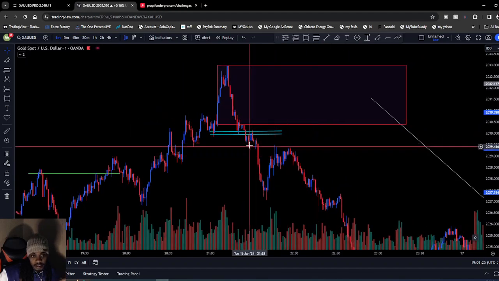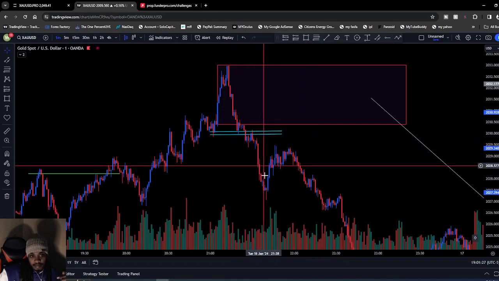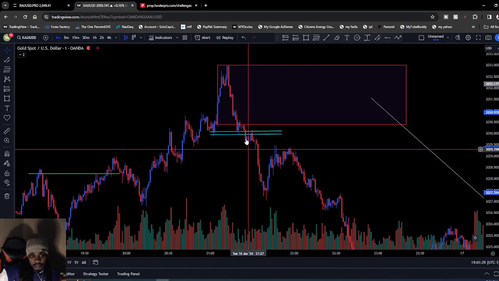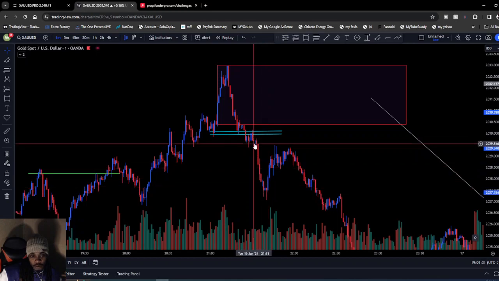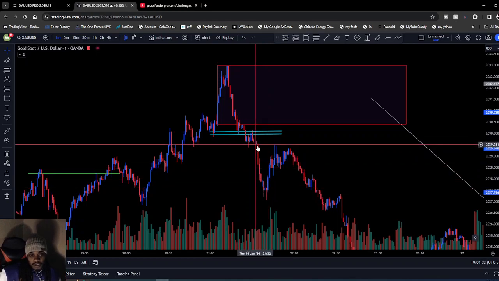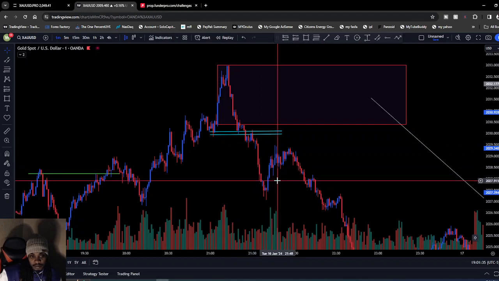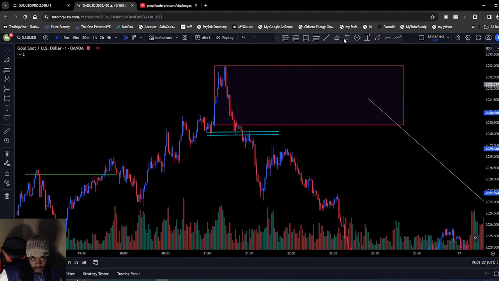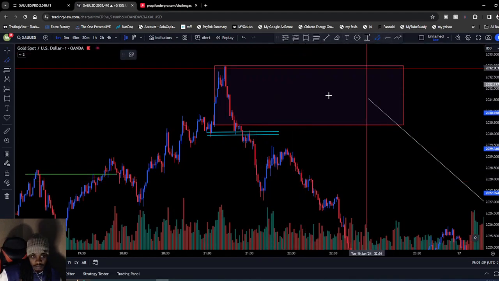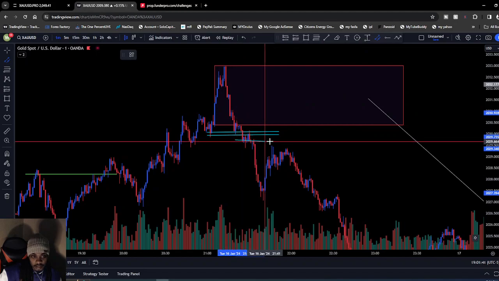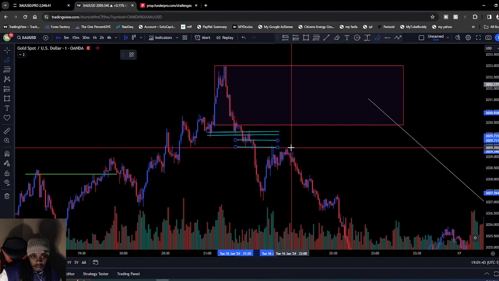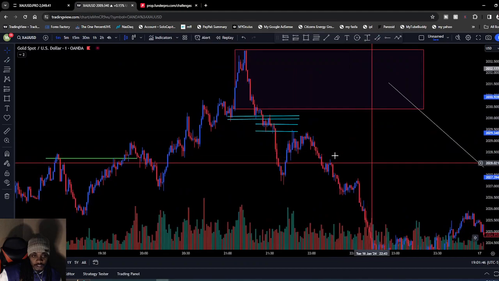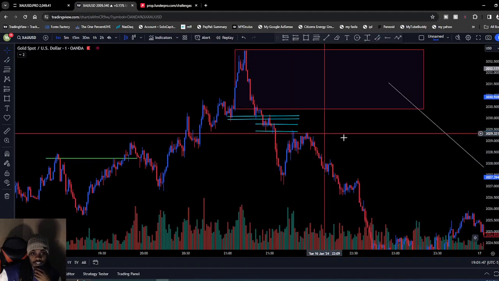Or if you didn't catch an entry down here, we had this big leg of structure right here. Normally after this happens, there will be a retracement. So you could also mark out your zones from these wicks, where the majority of the wicks are, and you could have called a trade or entry off of that.